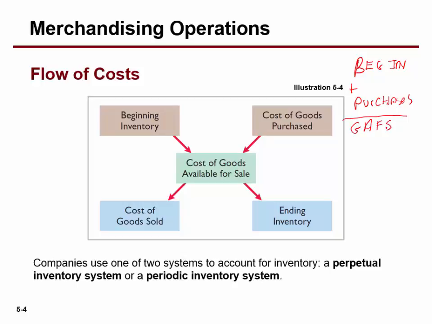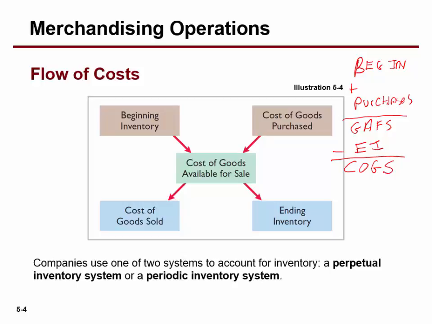I started the year with 20 items in my inventory. I purchased 80 more. That means I should have 100 items available to sell, right? Then I subtract off my ending inventory. Those are the items that are still here. And that should then generate my cost of goods sold, right?